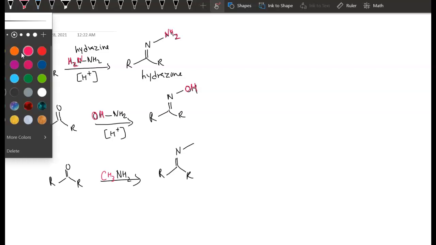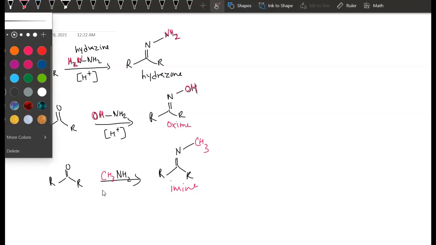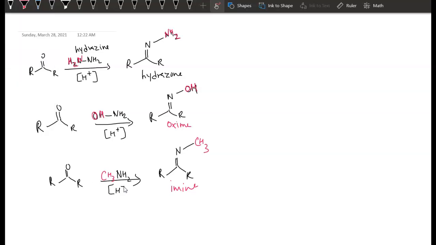Maybe this color combination will help you identify what groups will be attached to the nitrogen. So this is your imine. This is called an oxime, and this is a hydrazone. Depending upon what starting materials you're using, don't forget to put the acid, otherwise this reaction will not take place. In the presence of acid, you get these kinds of products.